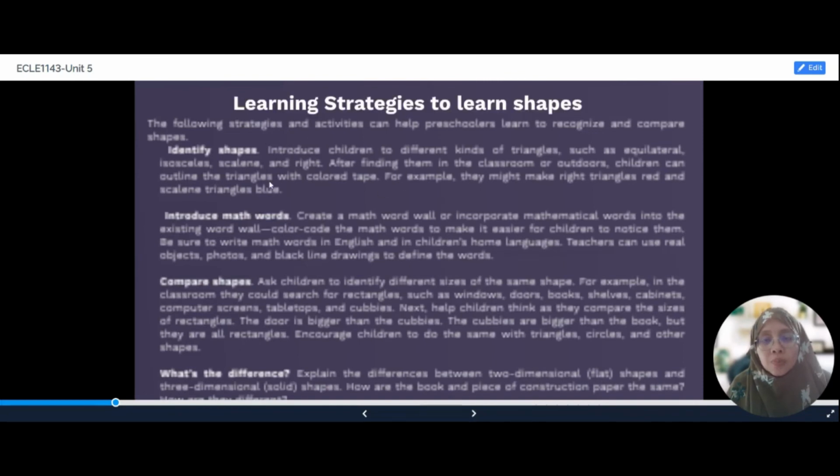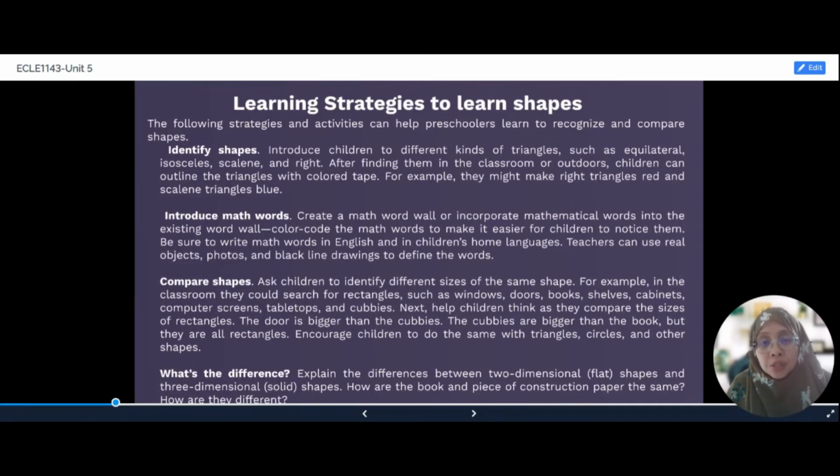It's supposed to be the first page, I will change it later. So first, you identify the shape. Introduce children to a different kind of triangle, such as equilateral. This one is a bit advanced though, but we can put it in as well if we can see they can follow.